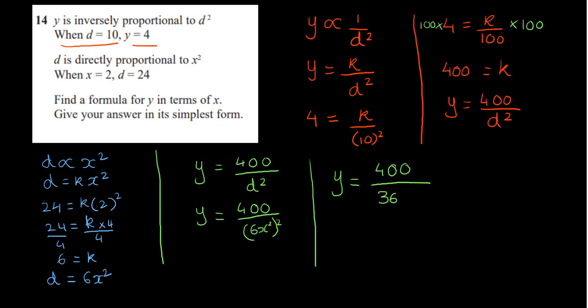So I square the 6, squared is 36, and squaring x squared would give me x to the power 4. 400 and 36 both come in the 4 times table, so I can write it as 400 divided by 4 is 100, and 36 divided by 4 is 9. So that's what I get for my answer. Y equals 100 over 9 x to the power 4. Okay, let's move on.